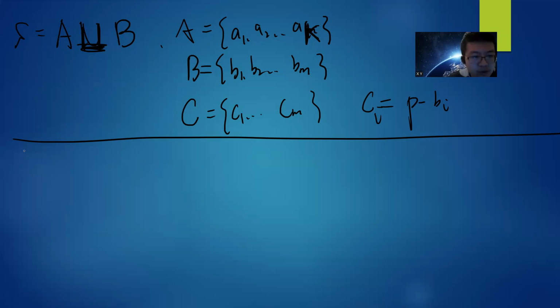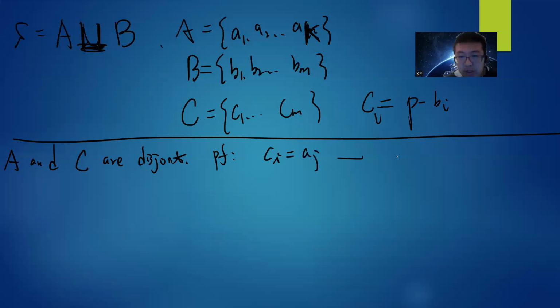The first thing I want to say is that A and C are disjoint. The reason is the following. A and B are disjoint, but it doesn't mean that A and C are disjoint. Proof: suppose Ci equals Aj.